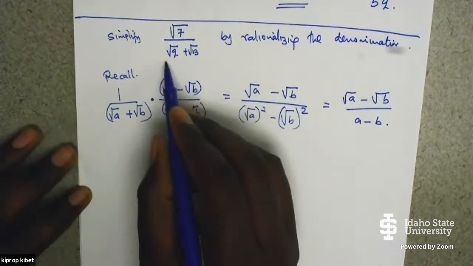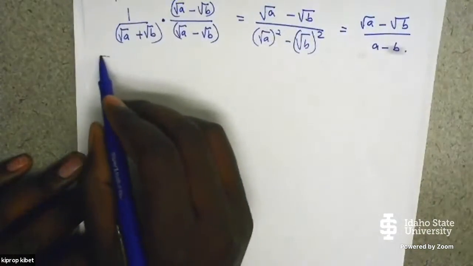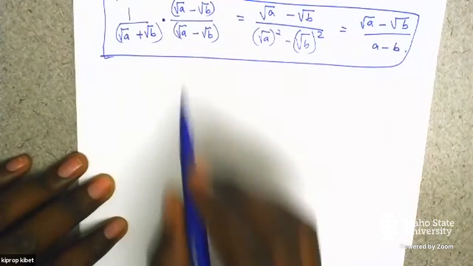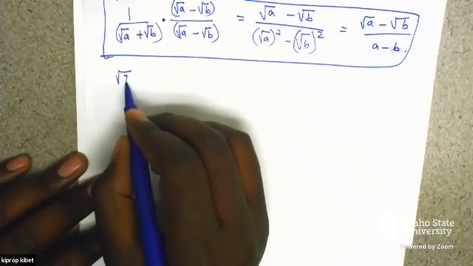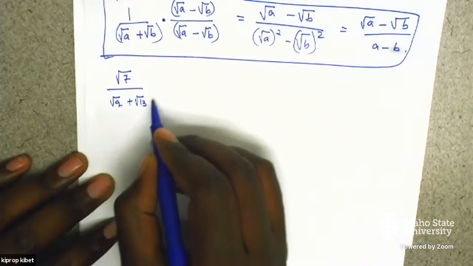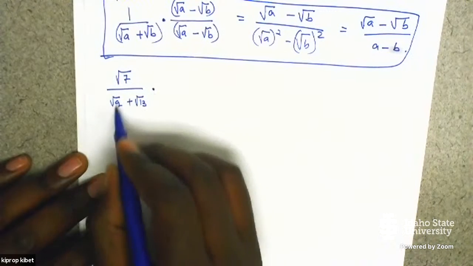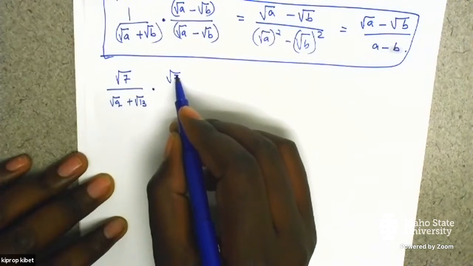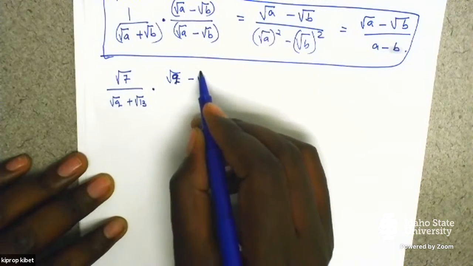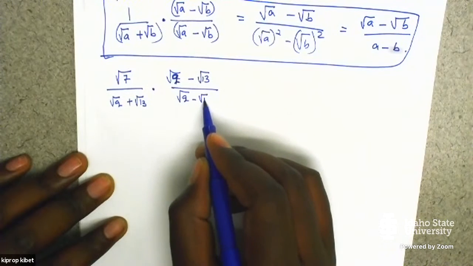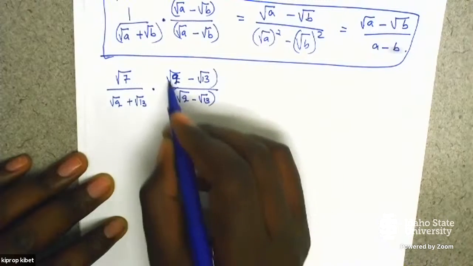Now, coming back to this example here, we do the same thing. The root of 7 all over the root of q plus the root of 13, we multiply by the conjugate of this one, the root of q minus the root of 13 all over the root of q minus the root of 13.